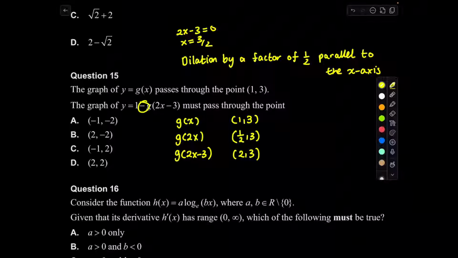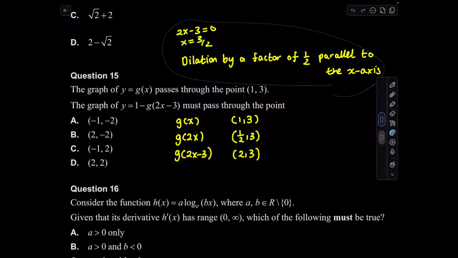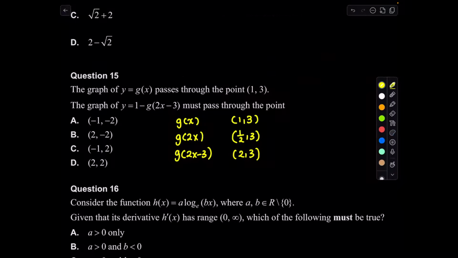The next one is that there's a negative in front of the g of x. For those that don't know, this is a reflection in the x-axis. So what happens if you reflect something in the x-axis? Only the y values change. They become negative. So if I write negative g of 2x minus 3, the y value, which in this case is 3, will become negative 3.